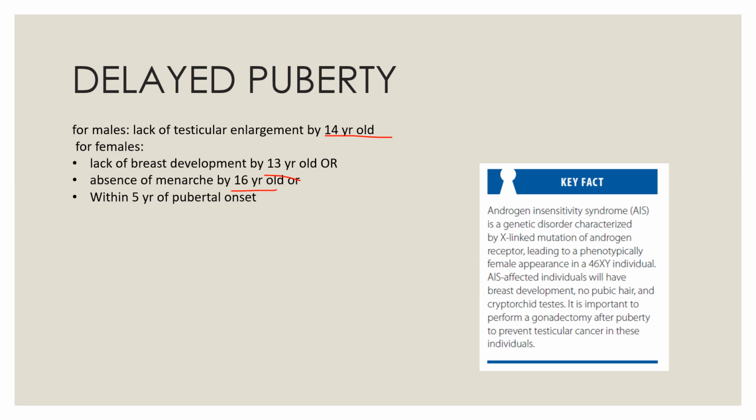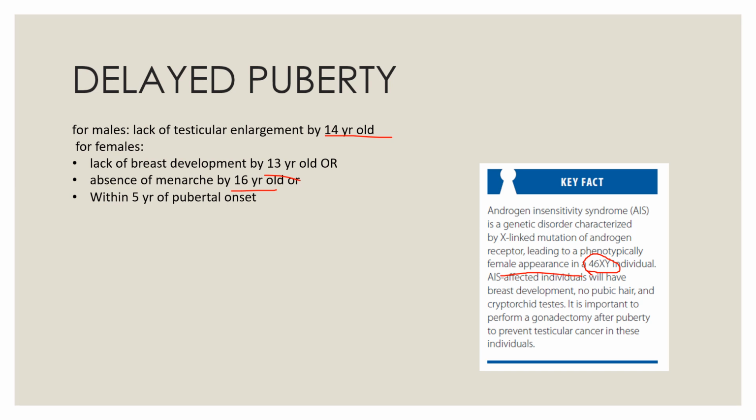What is androgen insensitivity syndrome? Genotypically it is a male, 46XY, but they have a female appearance. They may have grown up as a female, but they are not hitting puberty, or they are not having menses, so they are being worked up.